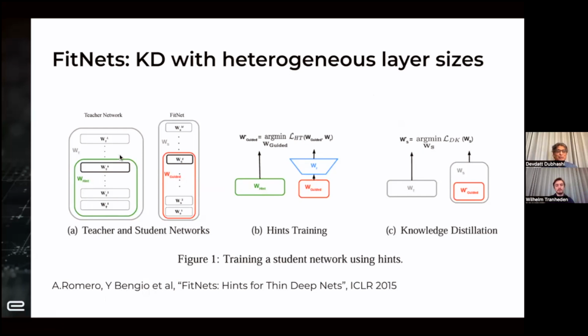So this is the teacher architecture, which is deep and fat, and the student network may be not so deep, and maybe extremely skinny. So then the intermediate layer here is not going to match the size of the intermediate layer in the teacher network. So how do you transfer the representations in this wide intermediate layer to representation in this thin intermediate layer in the student?